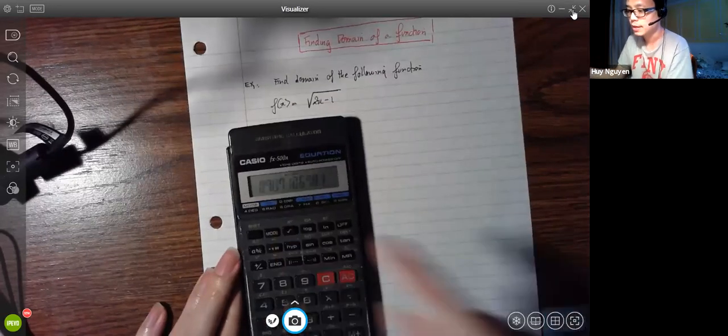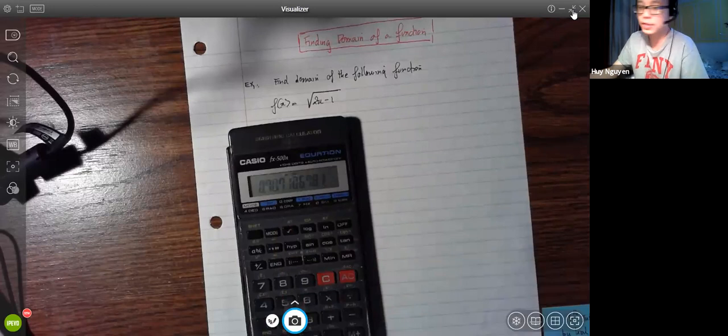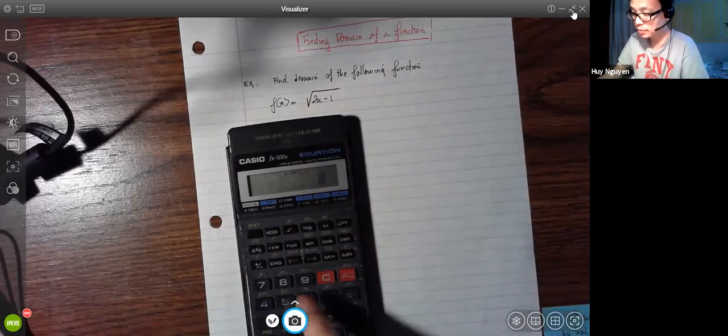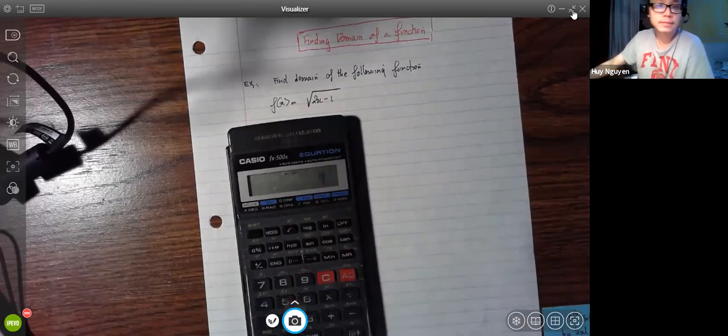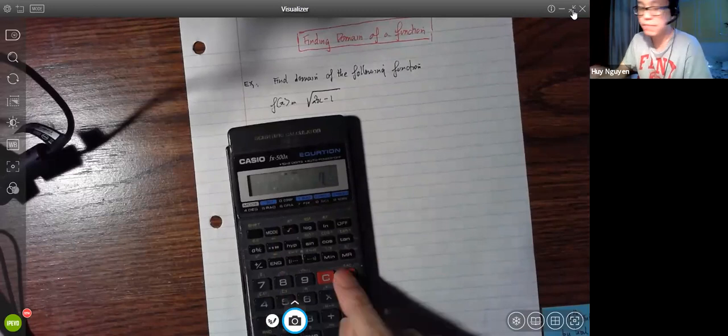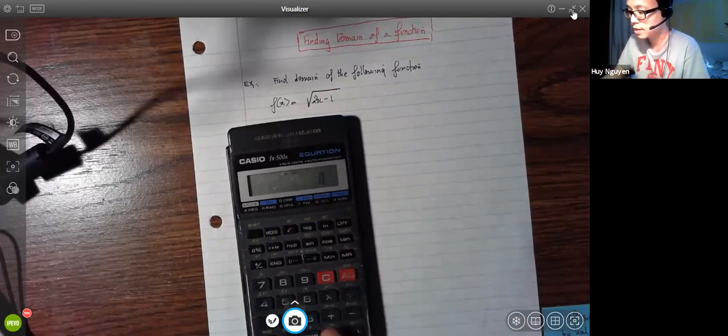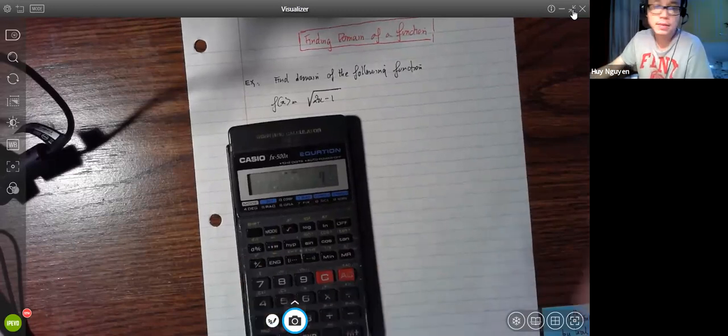It gives you 0.707, or I can take the radical of 49, it gives you 7. However, you cannot take the radical of a negative number. For example, I have negative 7, and I hit radical, it gives you an error.